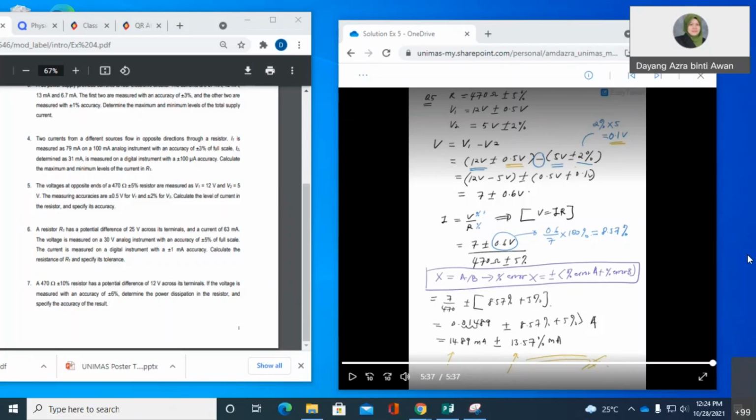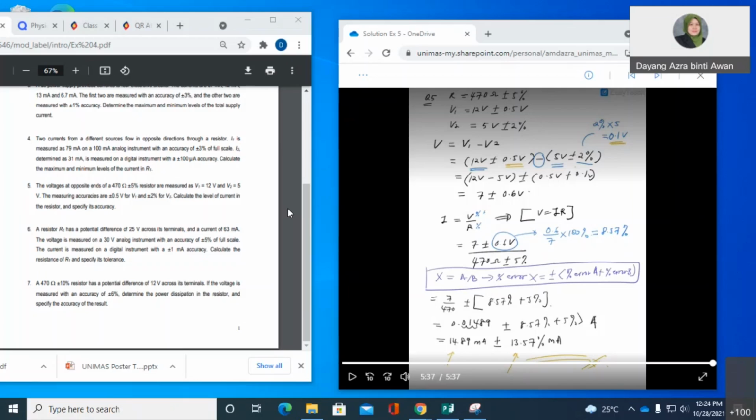If you use the other way, for example, you want to find the voltage by using the formula P equals VI, where you need to multiply and divide, that makes your process longer, and that will increase your errors. So find the shortest way, the simplest way, which is the direct way to find your answer, and then you can get the smaller errors.